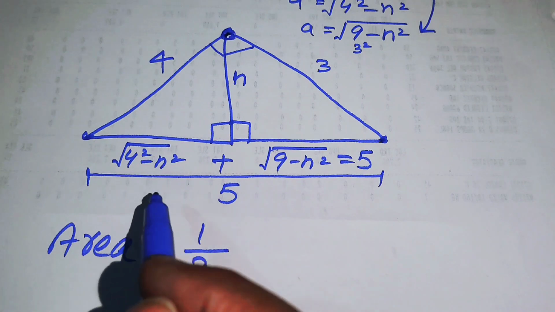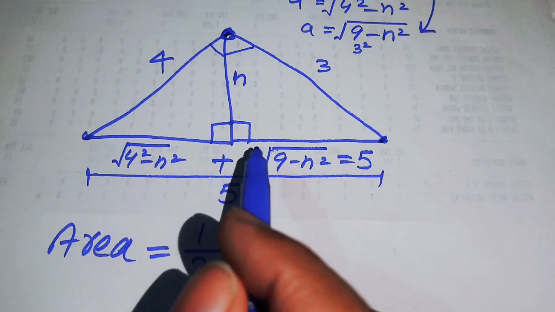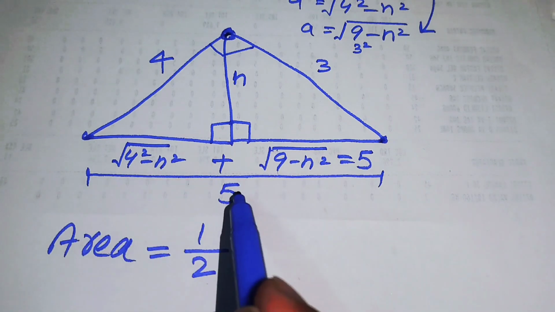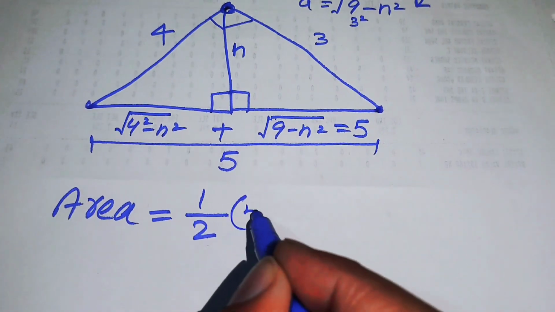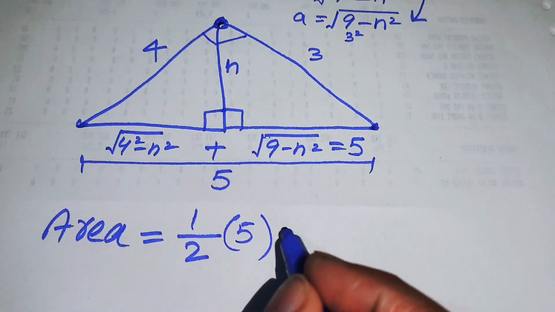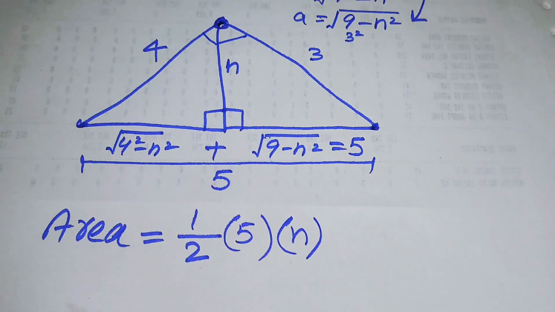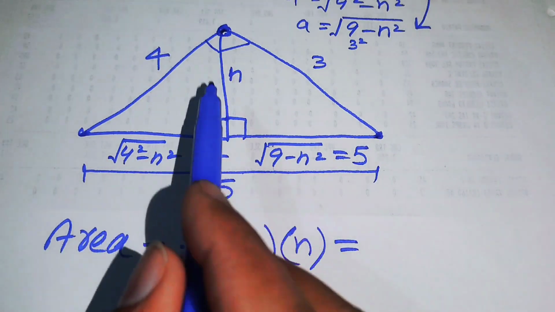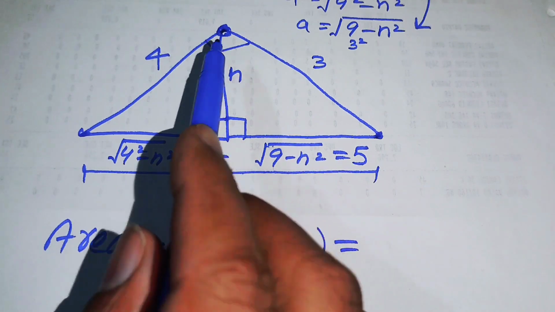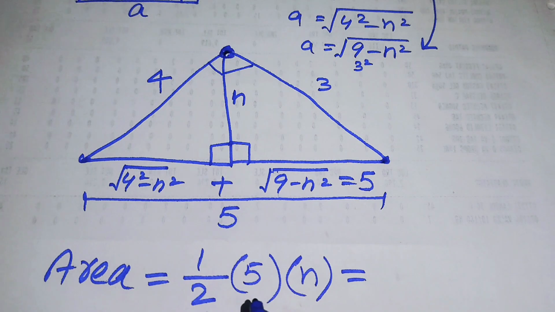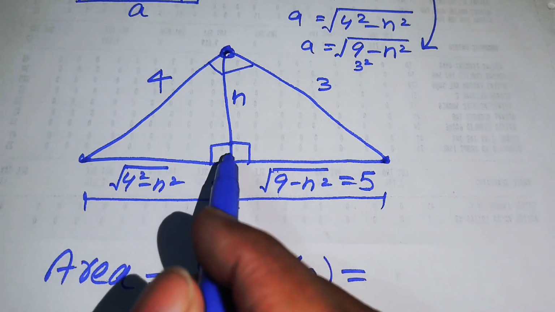So we know that the area of a right triangle is half times length multiplied by width. So here the base of this right triangle is 5 and the height is n, and it is equal to, when we flip this right angle to here, then our base, hypotenuse and heights are changed.